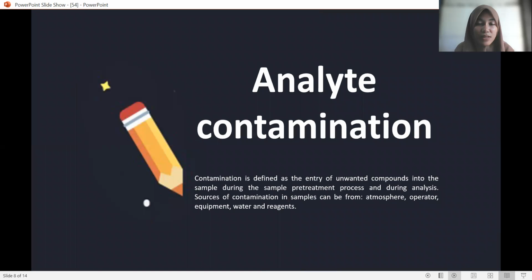Second, analyte contamination. Contamination is defined as the entry of unwanted compounds into the sample during the sample pre-treatment process and during analysis. Sources of contamination in a sample can be the atmosphere, operator, equipment, water, and reagent.